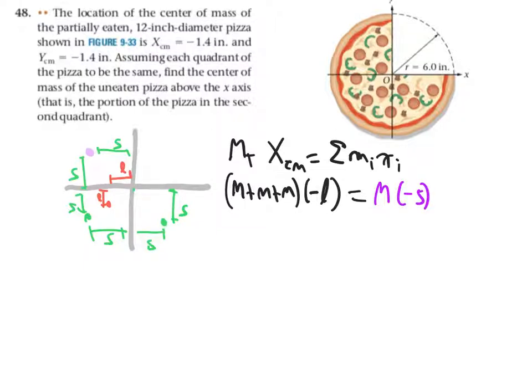And then this guy, this green guy, is m, and he's at minus S. And then let's give it a different color.